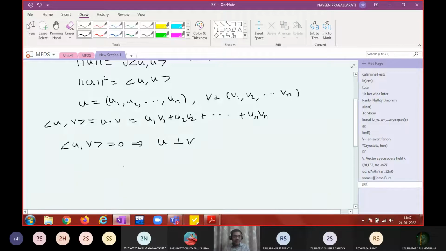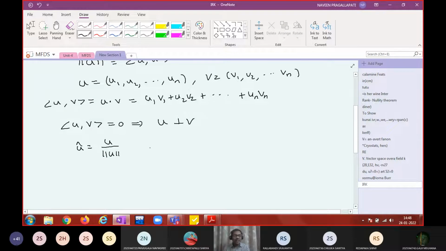That orthogonal set becomes orthonormal if the norm of each vector is 1, that means each vector is a unit vector. A unit vector is nothing but u divided by its norm. So the set of unit vectors which are orthogonal to each other is said to be an orthonormal set of vectors.